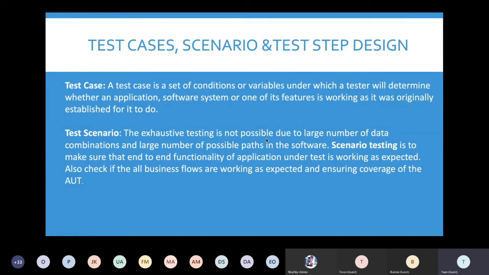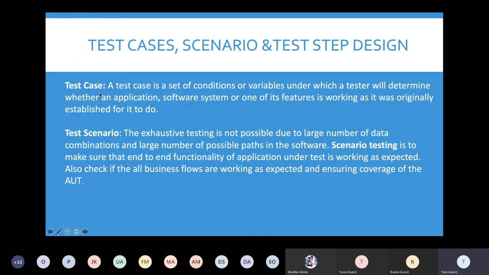All right, so I know you guys have done manual testing, but this is just a recap of what a test case is. A test case is a set of conditions or variables under which a tester will determine whether an application, a software, or one of its features is working as it was originally established to do.